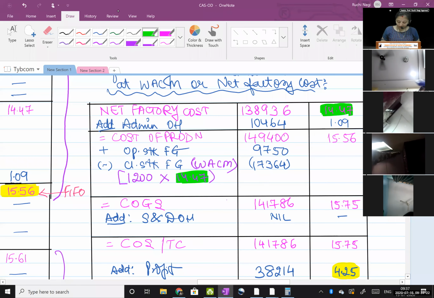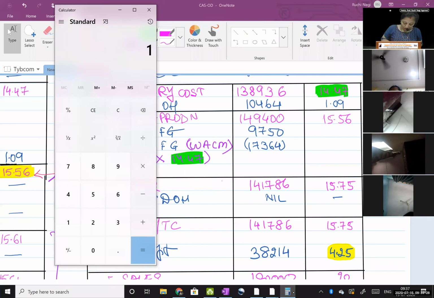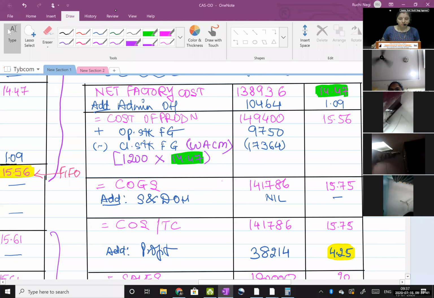Clear? Is it clear? Then see, your COGS answer will also change: 1,49,400 plus opening stock 9,750 minus closing stock 17,364. So now my COGS is 1,41,786. Cost of goods sold, 1,41,786.